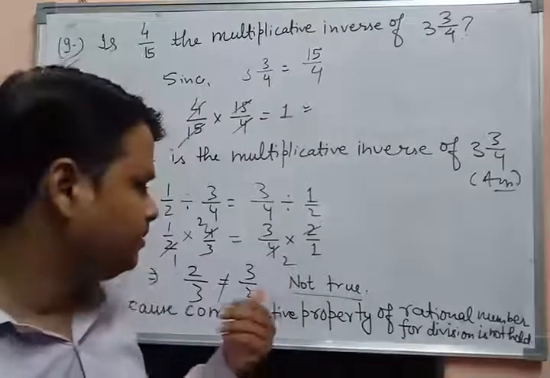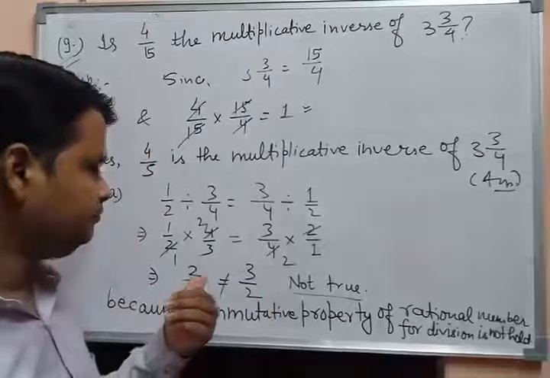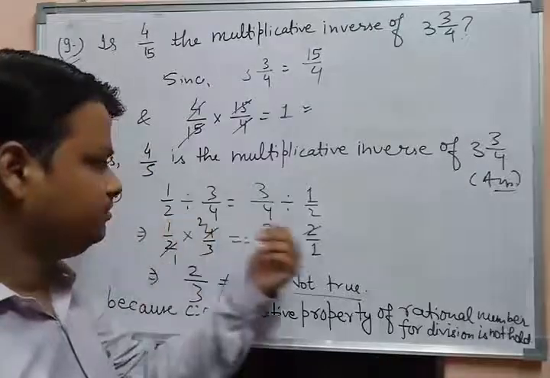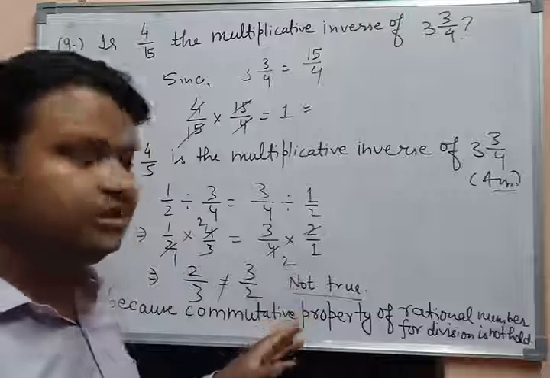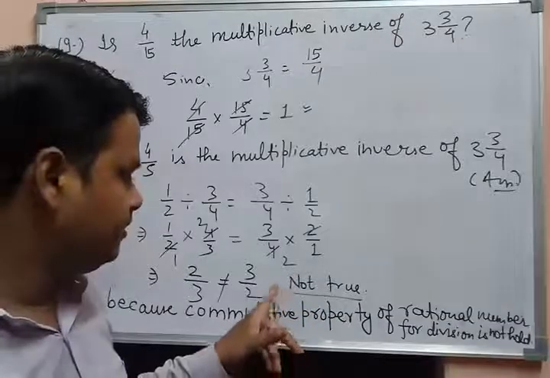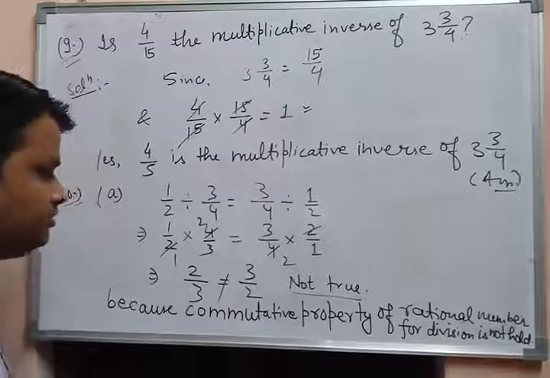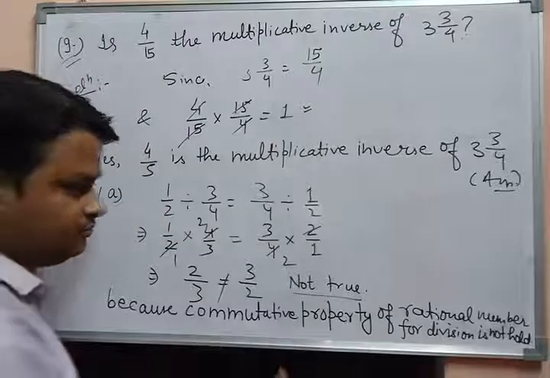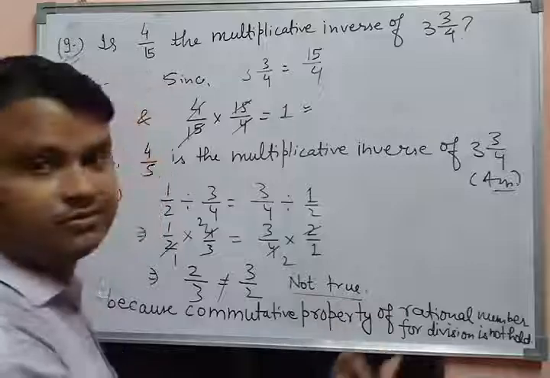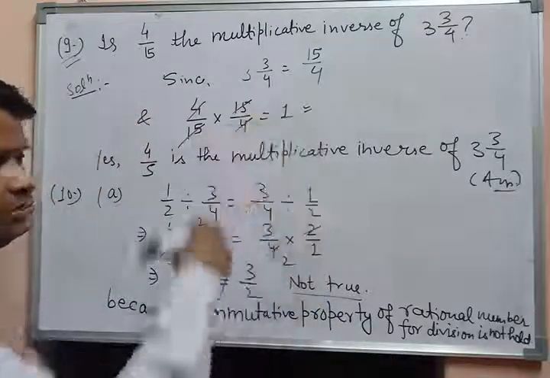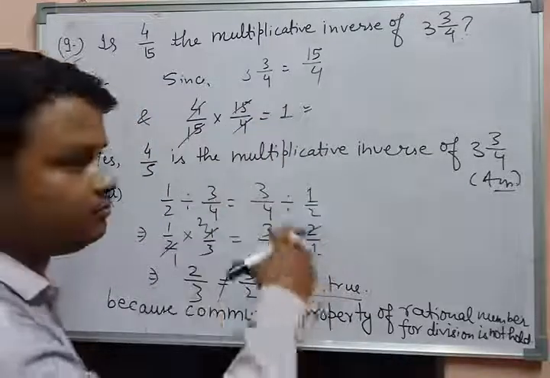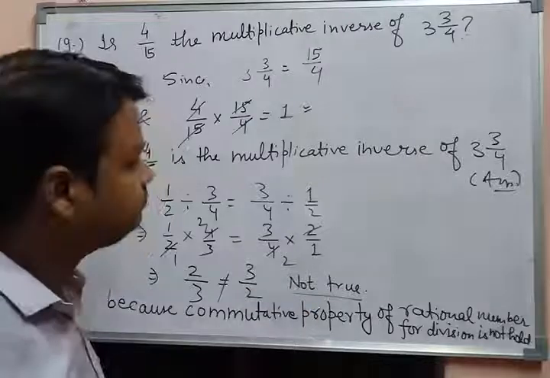So the commutative property does not hold in division. So this is the reason why we get the answer no. Okay, so this is the reason. After moving to our next question, before that, pause the video to note it down in your copy or take a screenshot.